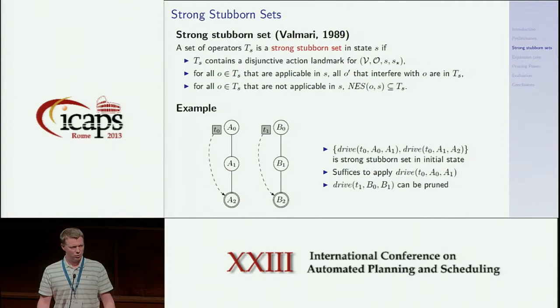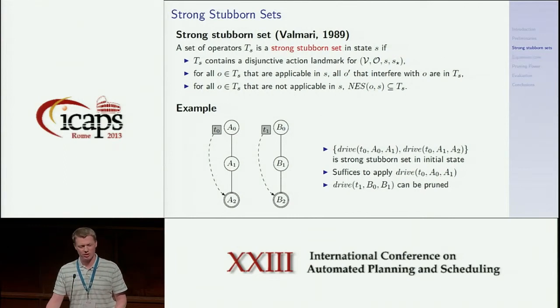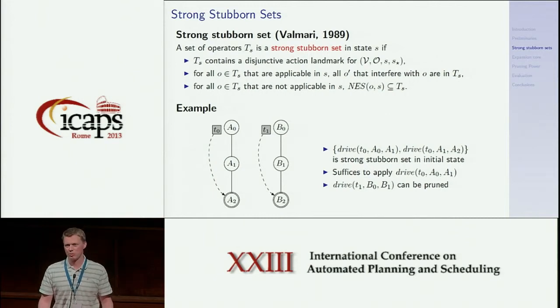Then for all operators that are applicable in S and are contained in the set, all operators that interfere with this operator must also be contained in the set. And the third condition says that for all operators that are not applicable in S, a necessary enabling set for this operator must be contained in the set.